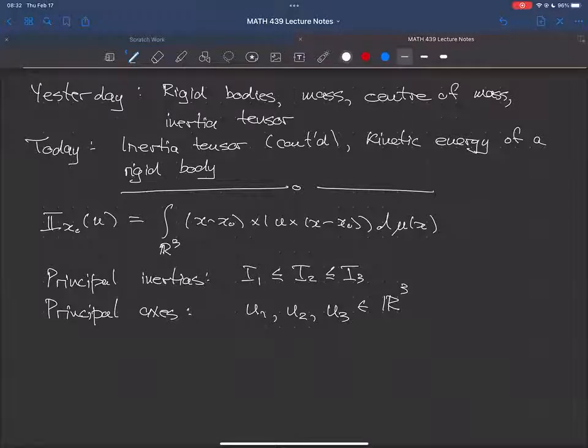Okay. And then we had the inertial ellipsoid. And this was an ellipsoid, and we wrote it like this.